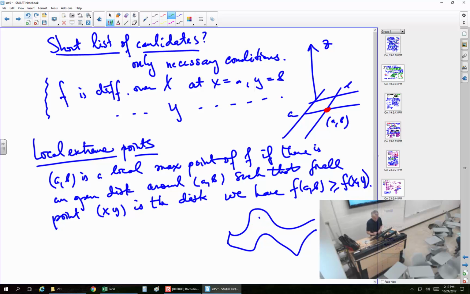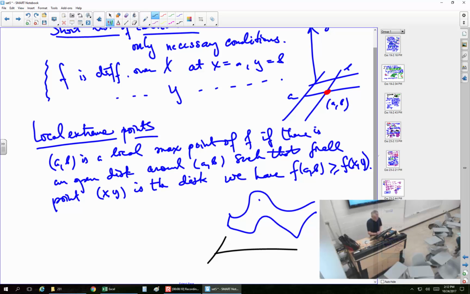So I go to the domain, and I choose an open disk around the point that we have interest in, (a, b), so the boundary of the disk is not included. Then I build a cylinder on top of it, and with that cylinder I cut a piece of my surface. It could look quite weird.